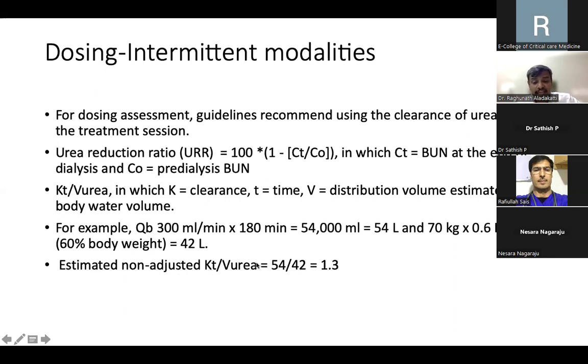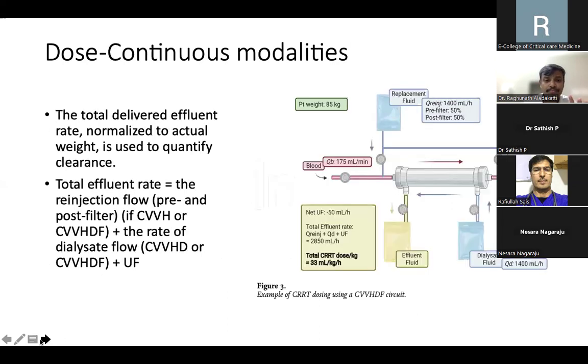The estimated non-adjusted Kt/V urea is 54 by 42, so Kt/V will be 1.3.